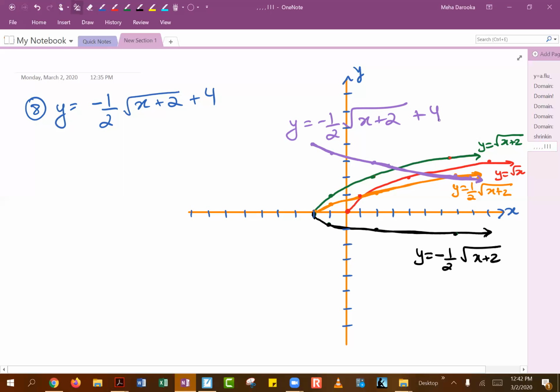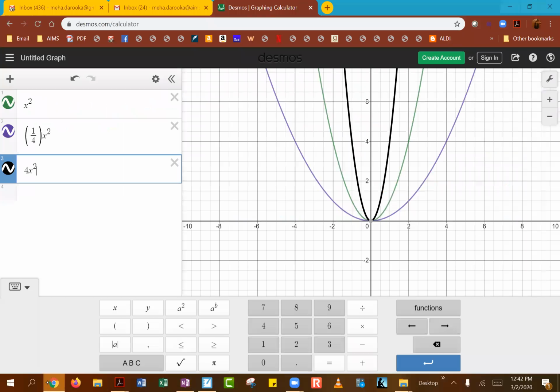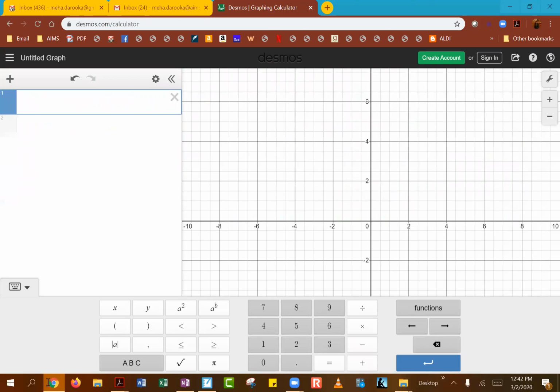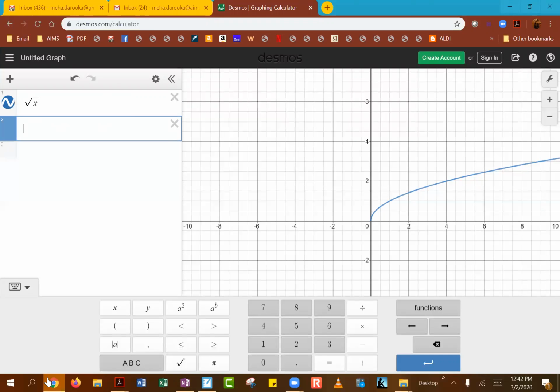Okay, so I do want to actually show you this guy on our graph so we can get a better picture of what this should look like instead of the jumbled mess we have in there. All right, so that's our base function, square root of x. We moved it 2 units to the left, right?